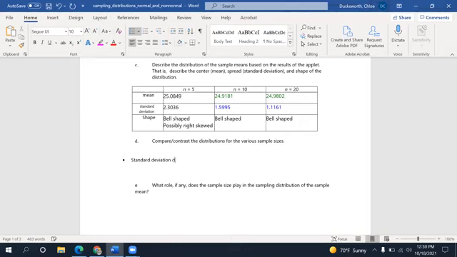I feel like the higher the number, the lower the mean gets, and the higher the number gets, the lower the standard deviation gets.